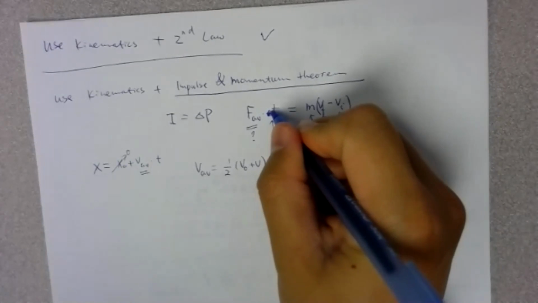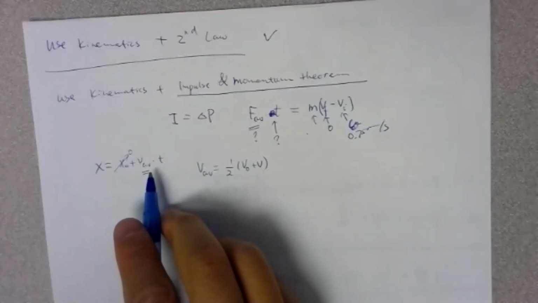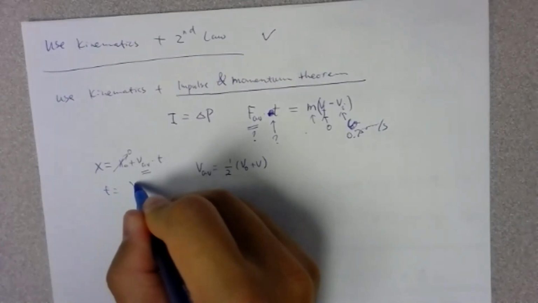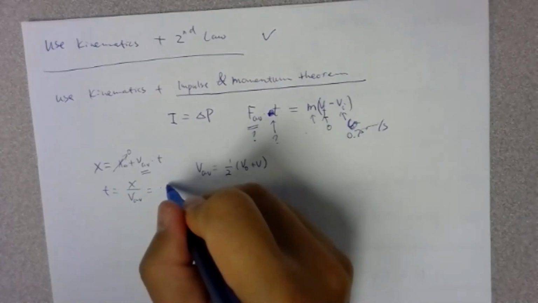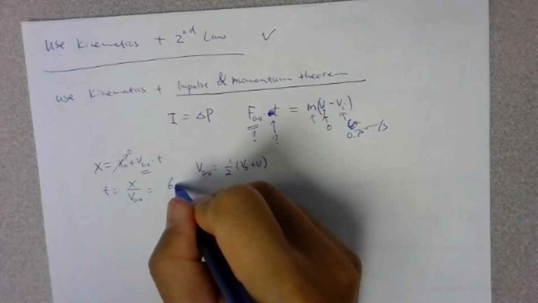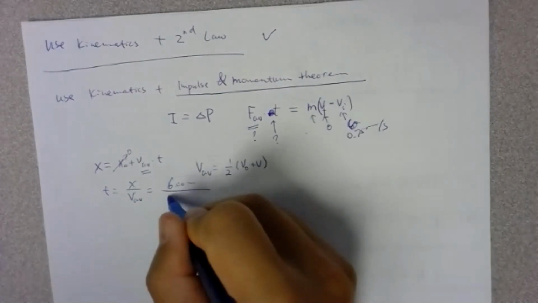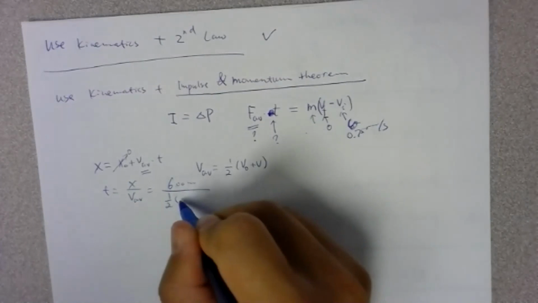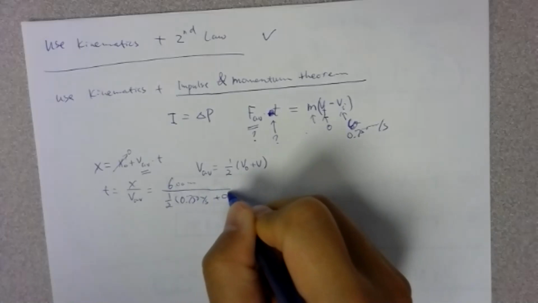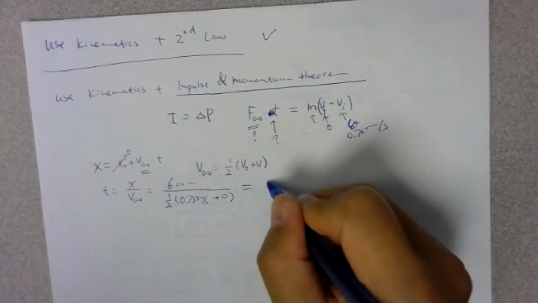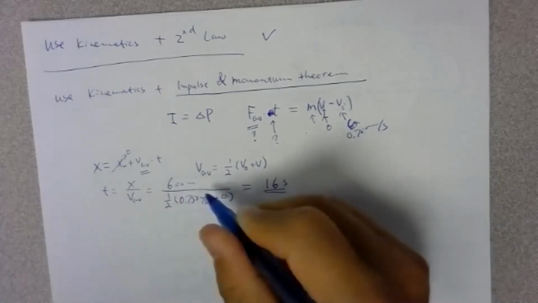Let's just use t instead of delta t. So t will be equal to x divided by v average, which is 6 meters divided by 1/2 of the initial 0.750 meters per second plus the final 0. That gives you 16 seconds for the time.